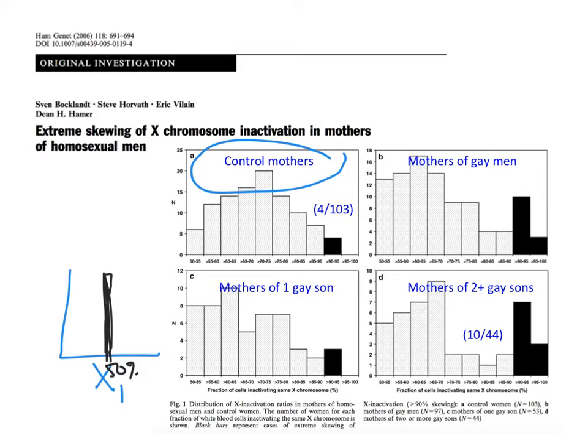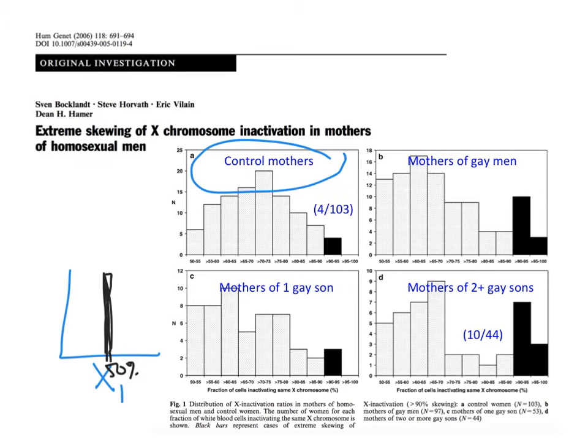What was the most common frequency of X chromosome inactivation in these moms for this plot? What is it? It's about 70 to 75%. So 20 out of 103, about a fifth of the mothers, almost 3/4 of their cells randomly turned off one X chromosome, not the other.